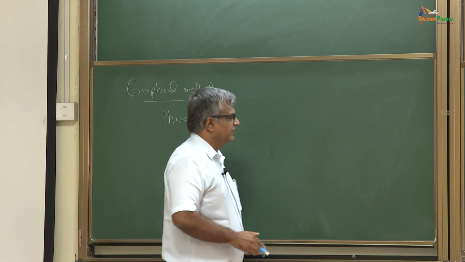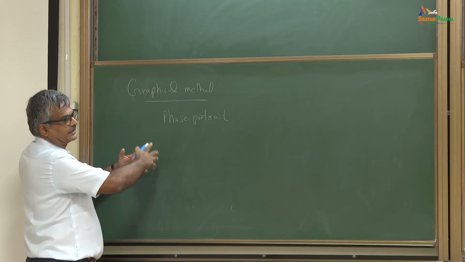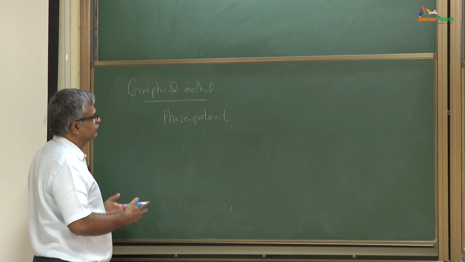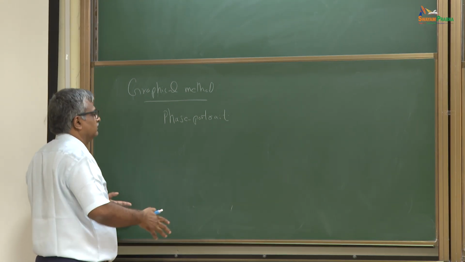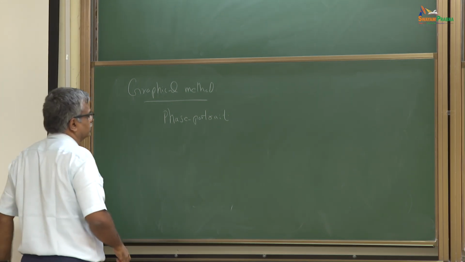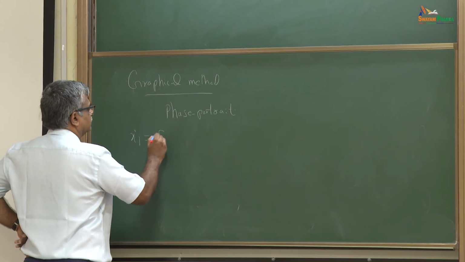I'll explain that with a simple second order system. Of course, because it's graphical, you can't extend it beyond third order. You can do it for first order, you can do it for second. You can not on the board, but at least on a computer you can draw the third order phase portrait.